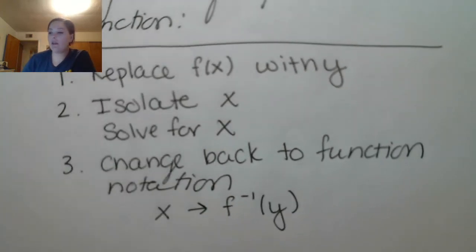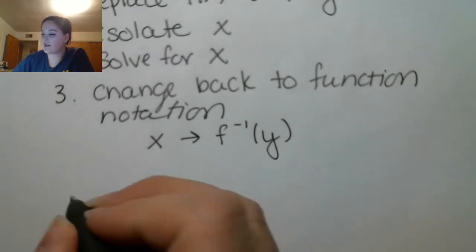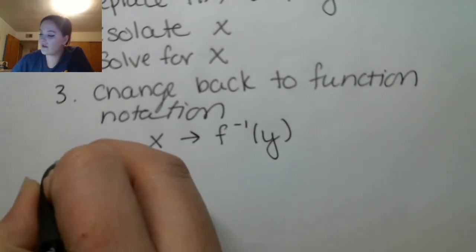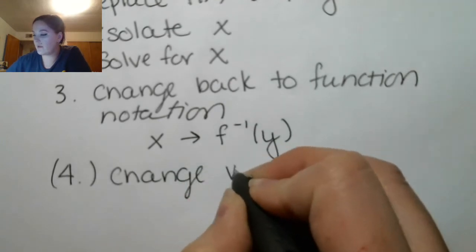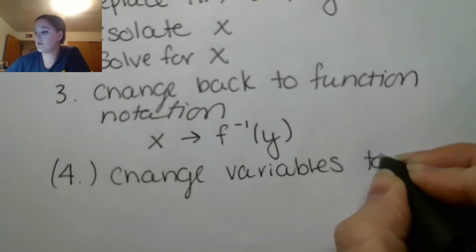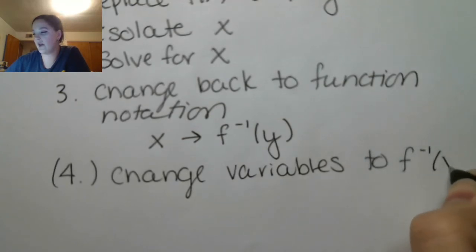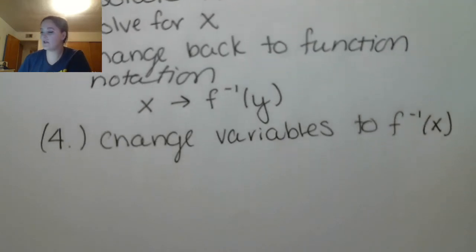And then the last step, and this is only if you're specifically asked for f inverse of x, you can change variables to f inverse of x. All right, so let's look at an example.